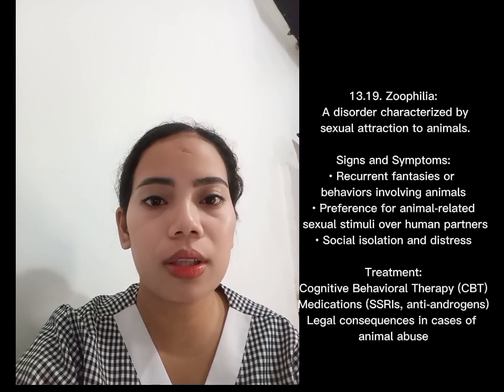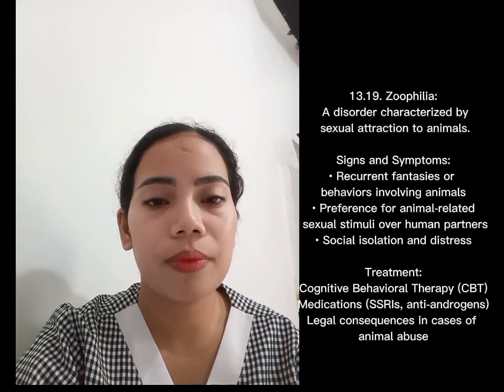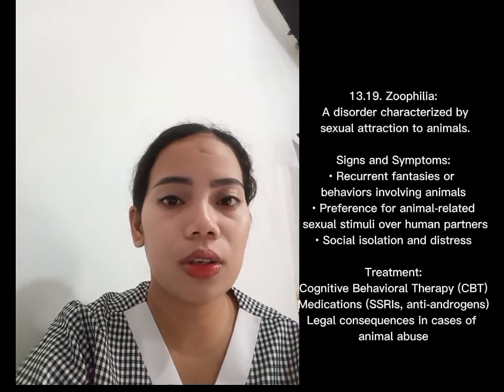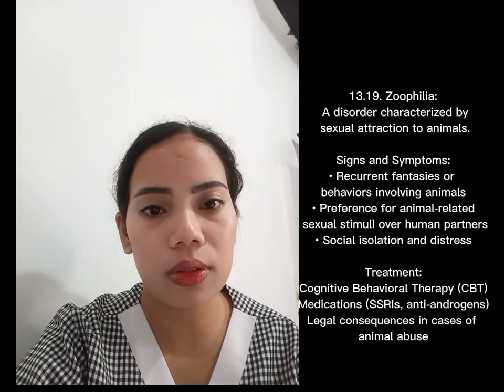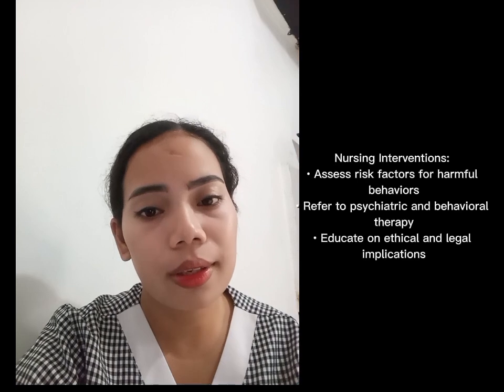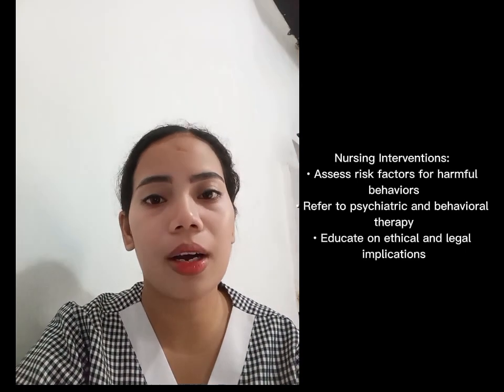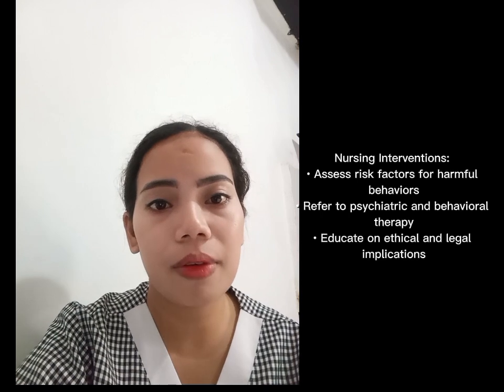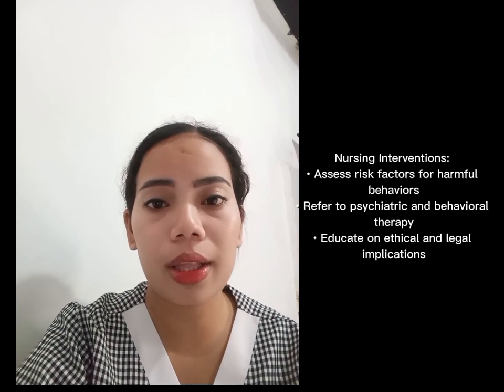For treatment, cognitive behavioral therapy, medications like anti-androgens, and legal consequences in cases of animal abuse. For the nursing intervention, we should assess the risk factors for harmful behavior, refer to psychiatric and behavioral therapy, and we should educate on ethical and legal implications.